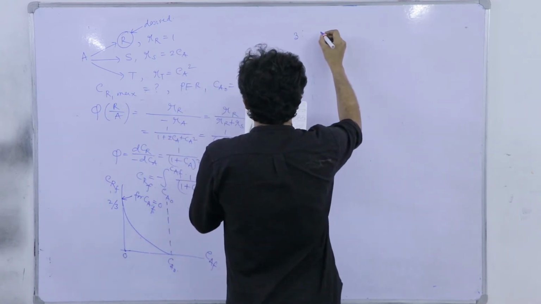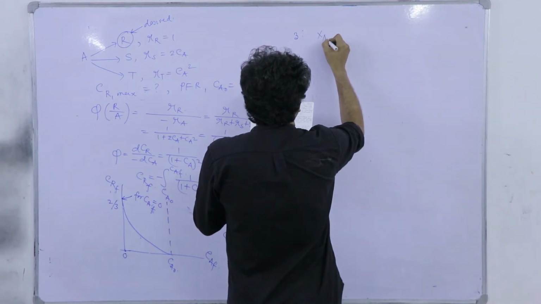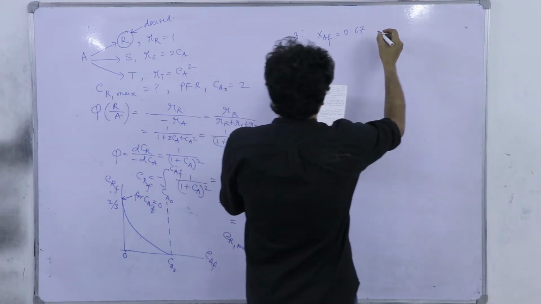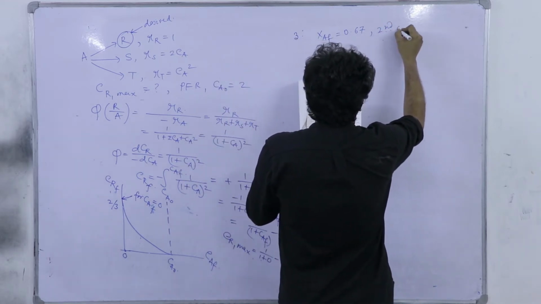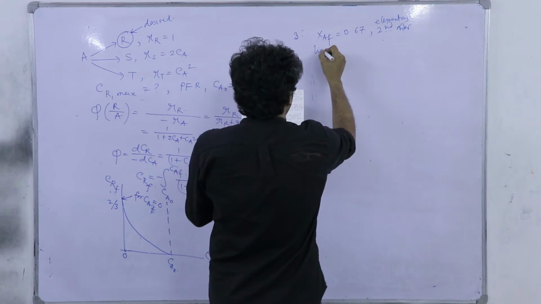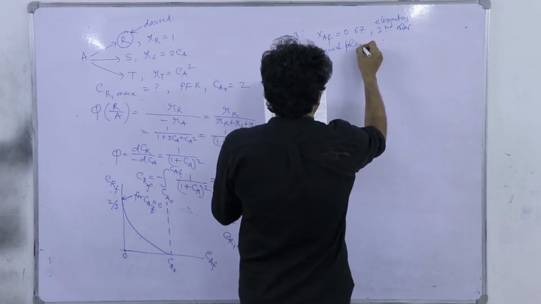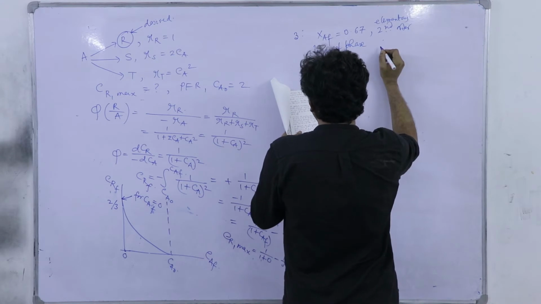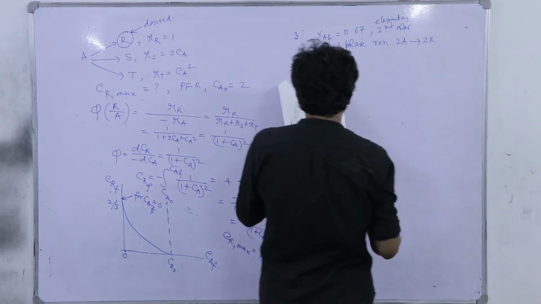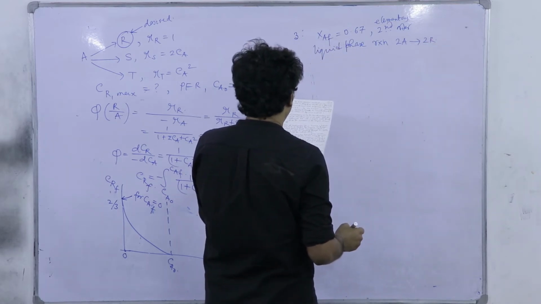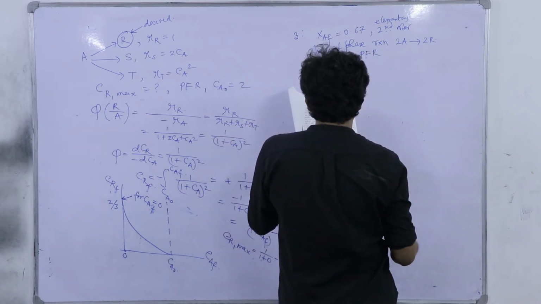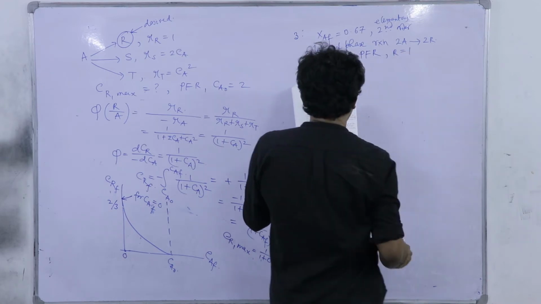Number 3. At present, conversion is 2/3. So, XAF is 0.67, for an elementary second order, elementary liquid phase reaction, 2A giving 2R, when operating in an isothermal PFR with a recycle ratio of unity, R equal to 1.